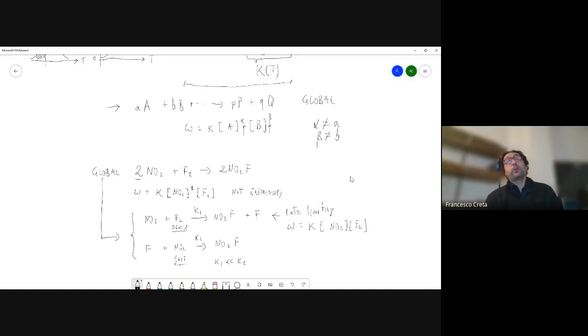So the overall global process inherits the reaction rate of the slow elementary sub-step, which, let me write it here, 2 elementary steps. I hope that's clear, but I'll get back to it on Thursday.